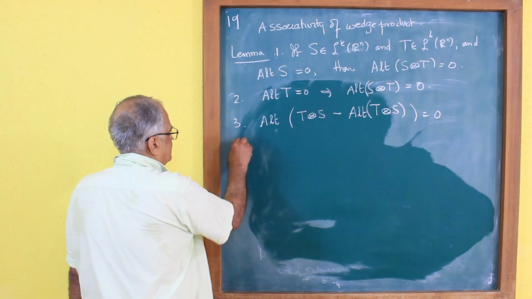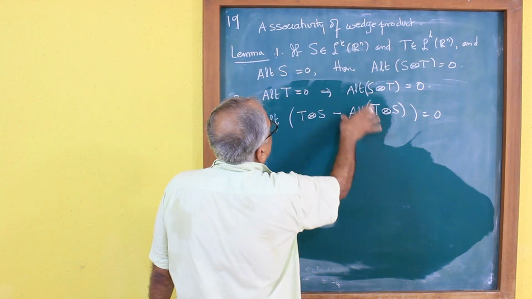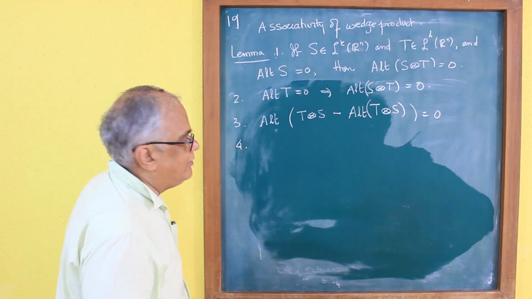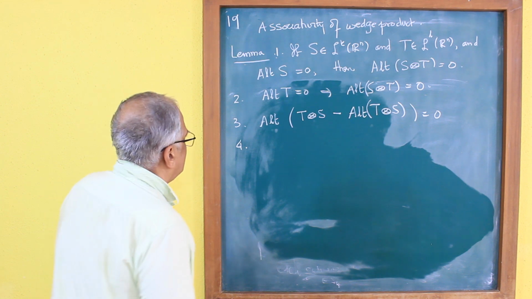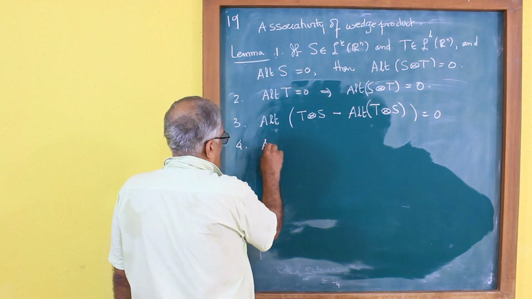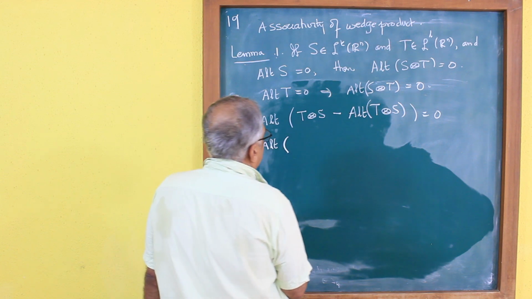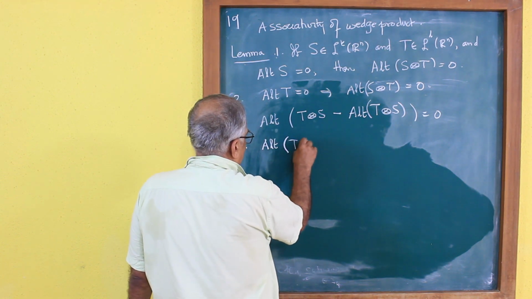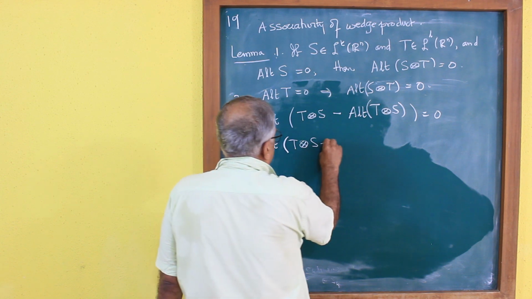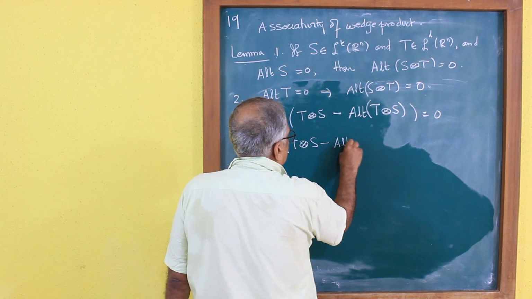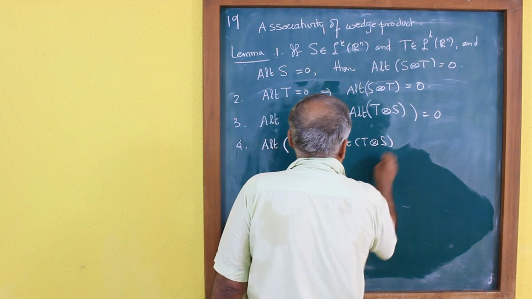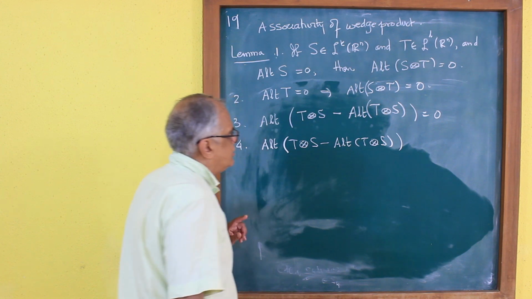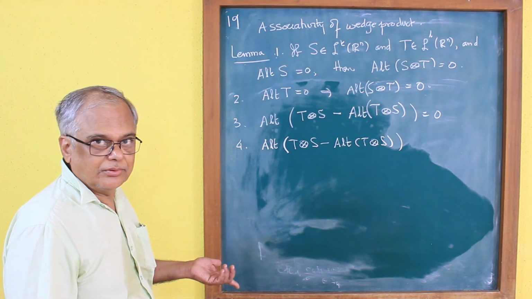And therefore, because this is this quantity which I will call S, and therefore T tensor S tensor T U V W S P. You will get that alt of this quantity T tensor S minus alt of T tensor S. This quantity is something whose alt is 0.